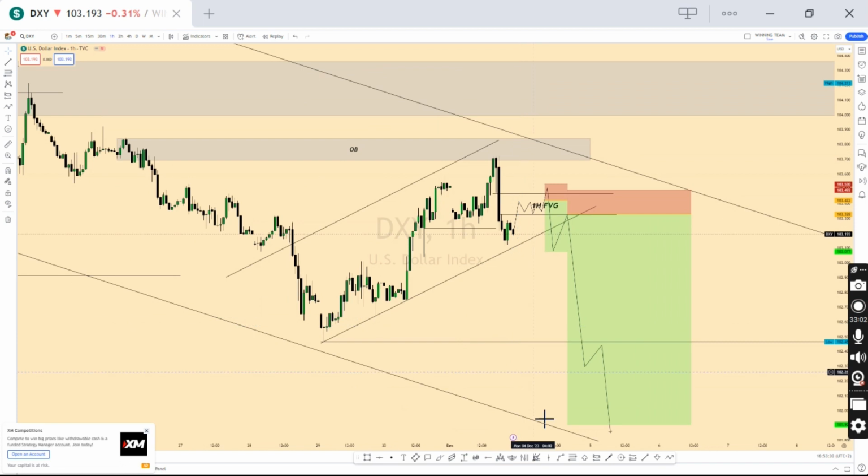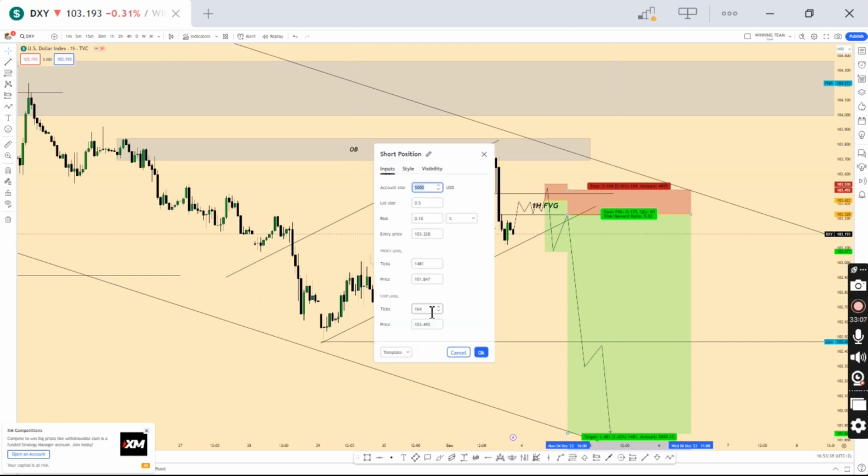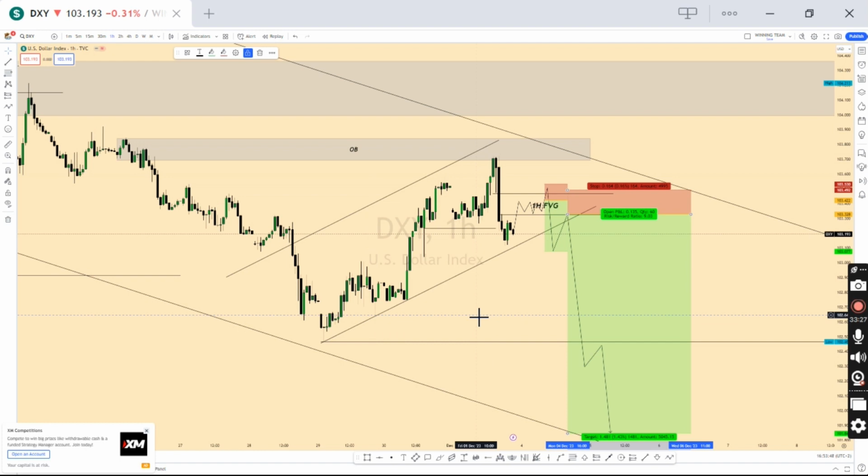Okay, that's the trade that we're going to be looking for there, going all the way down. That's something that we're looking for at this particular moment. So as you can see there, a nice risk reward ratio, because you're just going to be risking 164 ticks to gain 1481 ticks, guys.